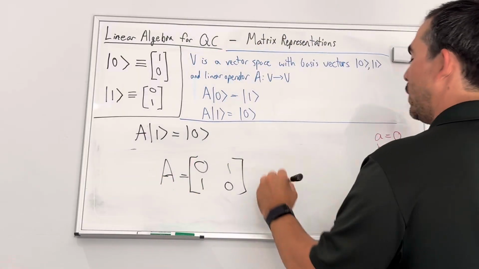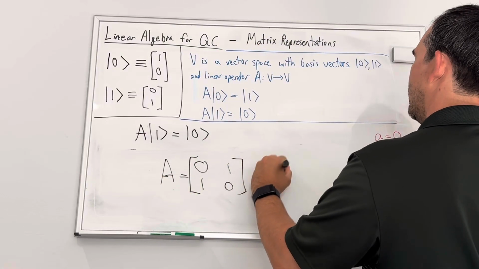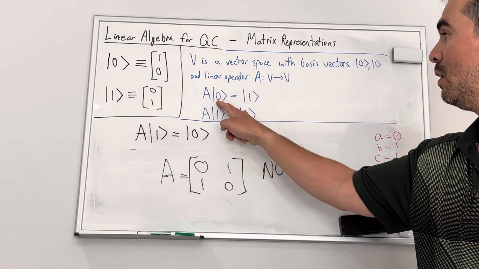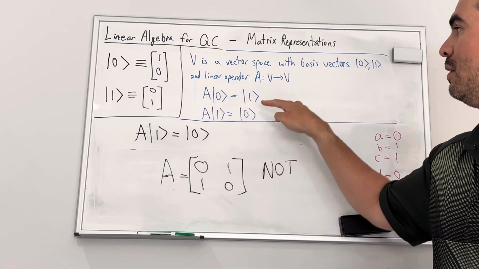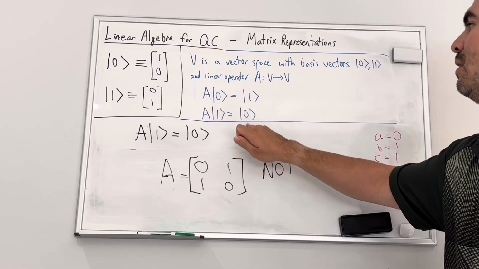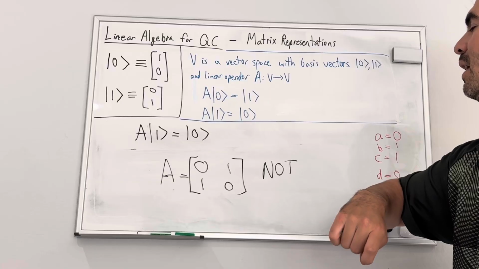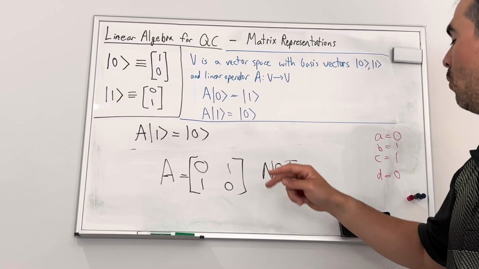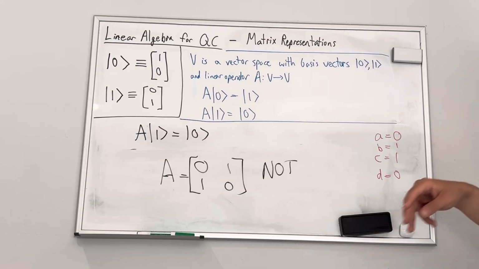Fun fact, we also call this a NOT gate. Meaning, if you give me a 0, then I want not 0. If you give me a 1, then I want not 1. And 0 is not 1, 1 is not 0. So we have created the NOT gate.